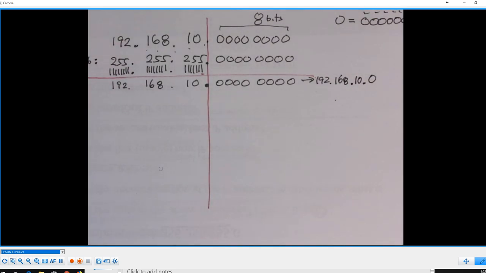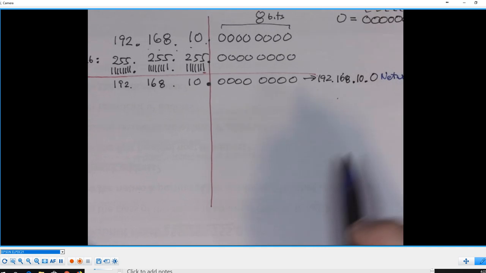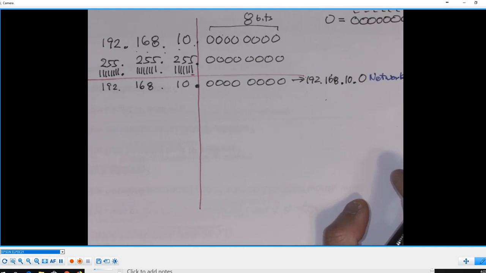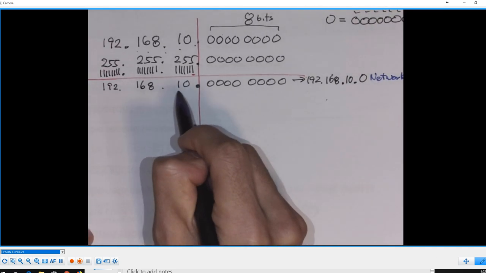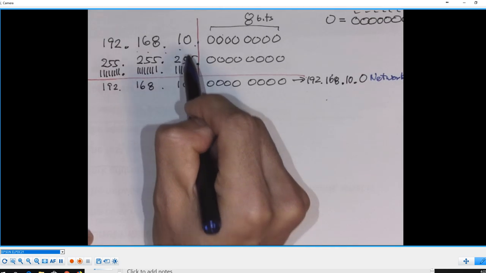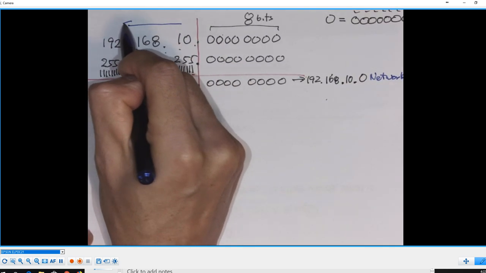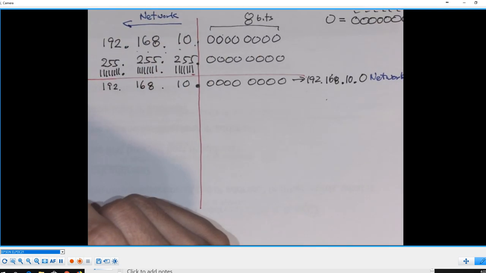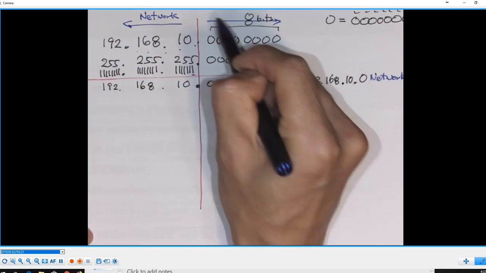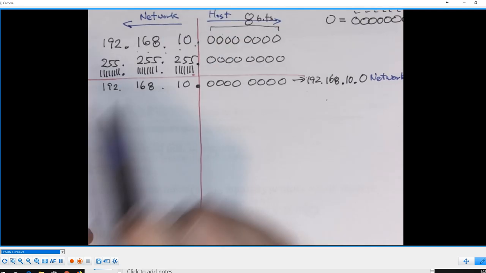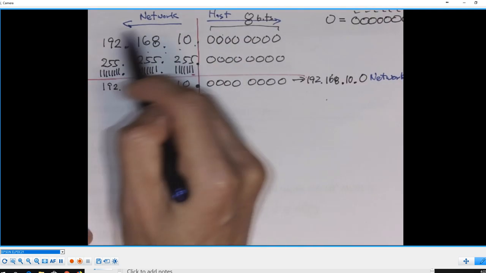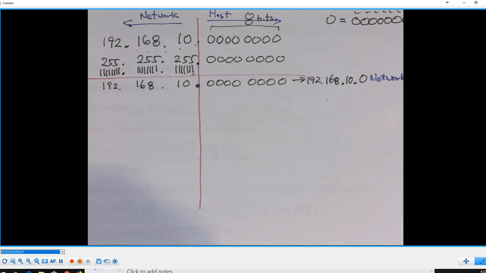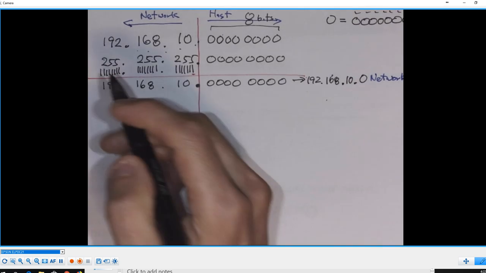This is the network address. The left side is always the network portion, and the right side is always the host portion. The next IP address is what?